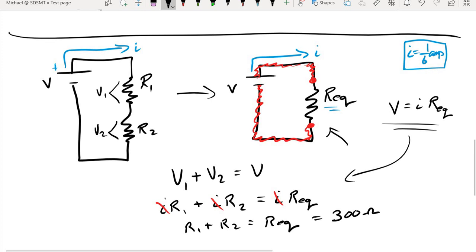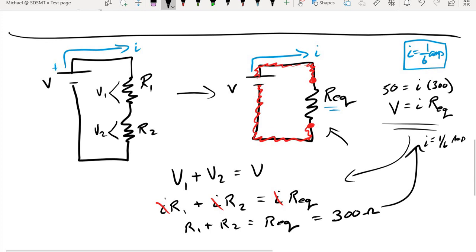Now, where is the self-check? How do we know that we have the right answer? Well, we're going to take that back up to this equation that says we hooked this equivalent resistor of 300 ohms up to a 50 volt battery, and that results in, well, 50 over 300, that's 1/6.